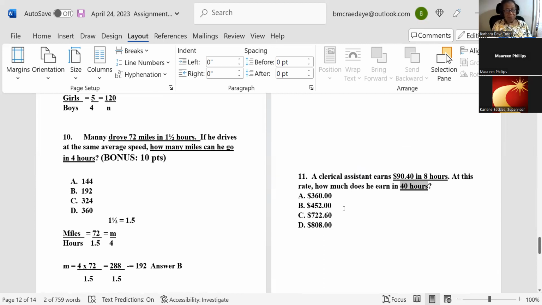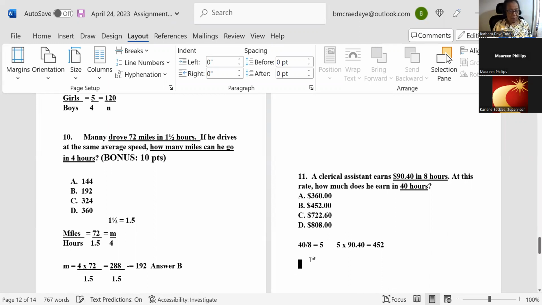You can almost do mental math. 40 divided by 8 equals 5. 40 is 5 times bigger than 8. Then take the 5 and multiply it by the $90.40. 5 times $90.40, and you get $452.